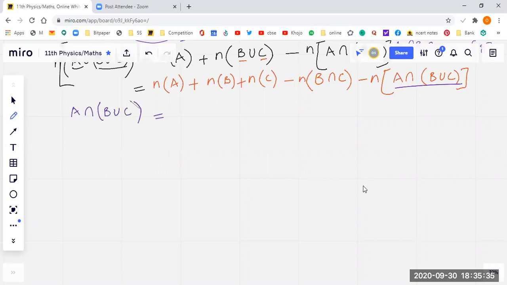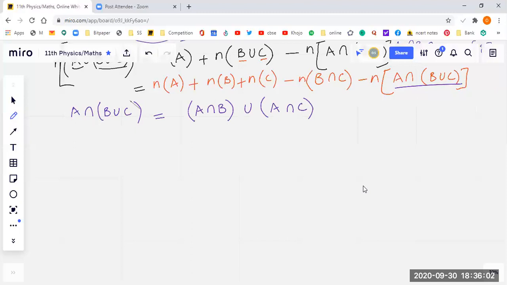So A intersection B union C can be written as, yes, students, A intersection B, can anyone complete this? Union A intersection C, right? You can take A, B, C, the sets we have taken, and try to do it, you will prove it is correct.